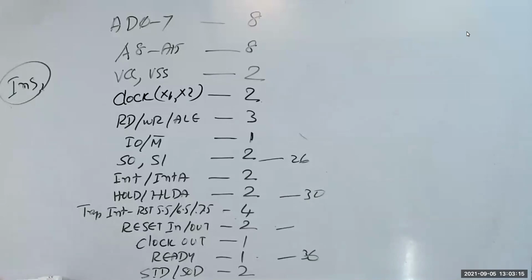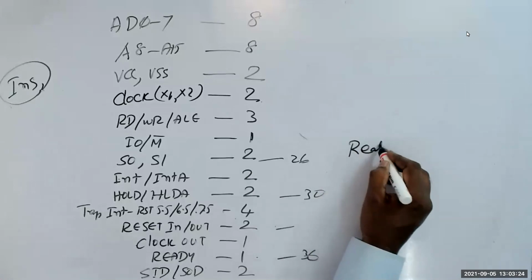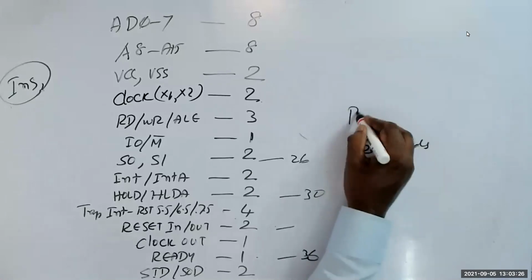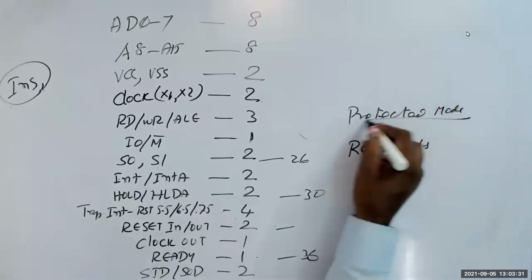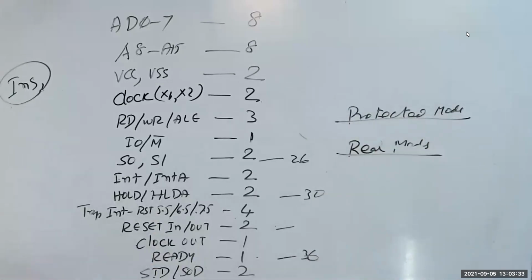They tried it on 8086. There are two modes: real mode and protected mode. But in 8085, there's only one, real mode.